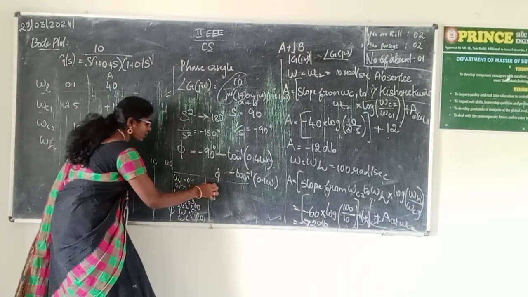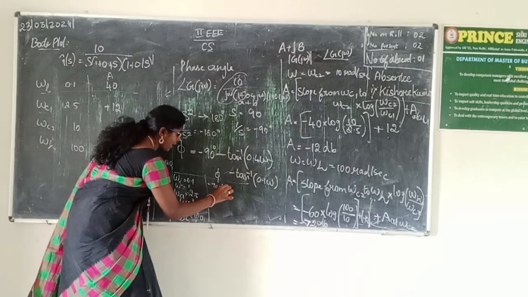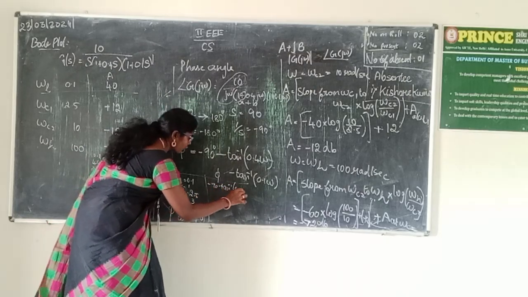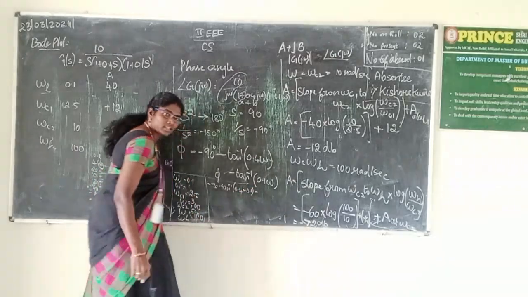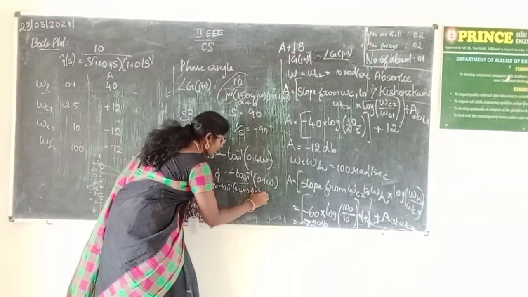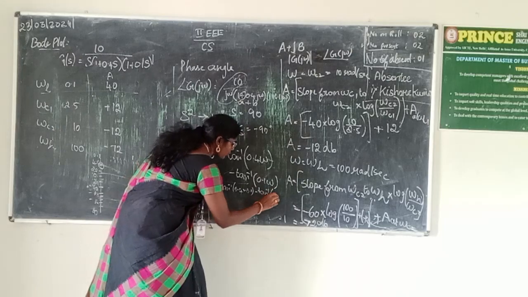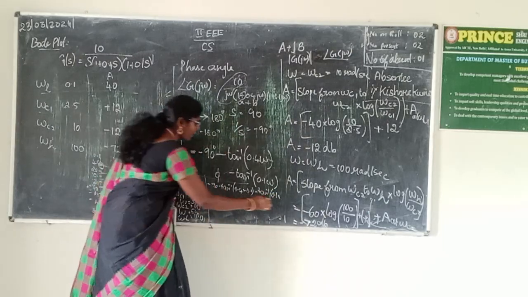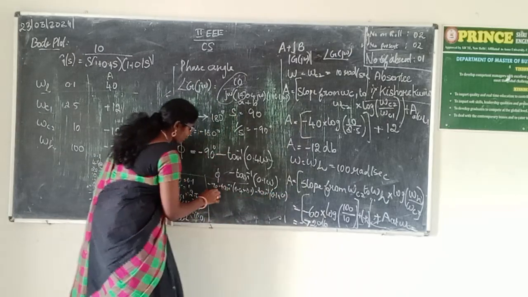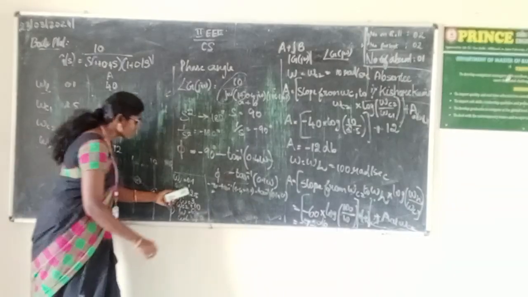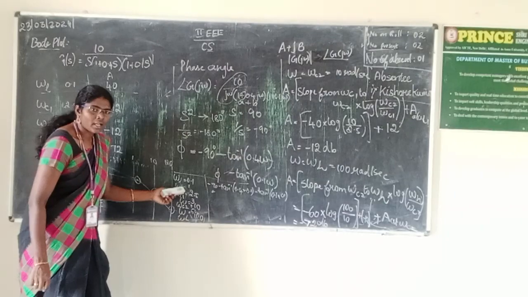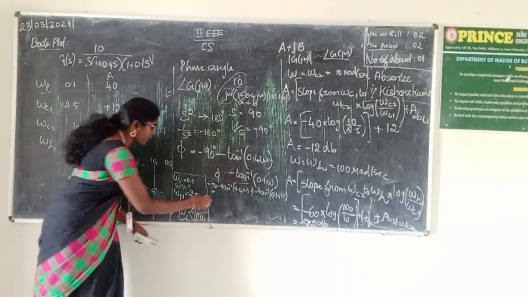Just substitute: minus 90 minus tan inverse of 0.4 into the first omega, which is 0.1, minus tan inverse of 0.1 into omega, 0.1. If I substitute, I will be getting a value of 5. Likewise, the second time I have assumed omega as 1. The same I am going to repeat.